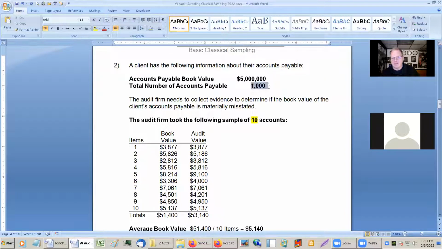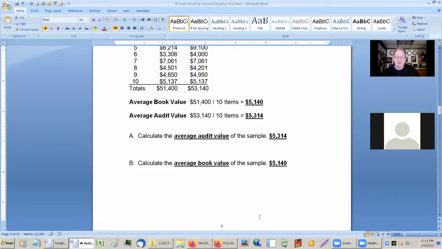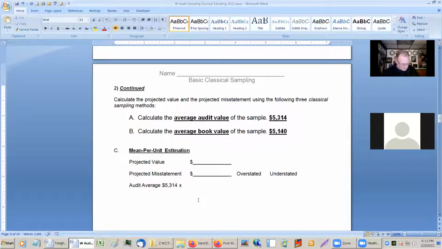All 1,000 of these should be 5,314. Equals, right, to go in the head, it's 5 million. And this will be the projected value.